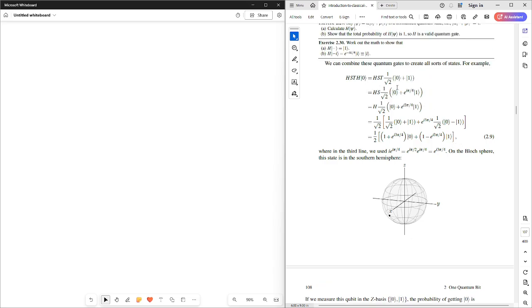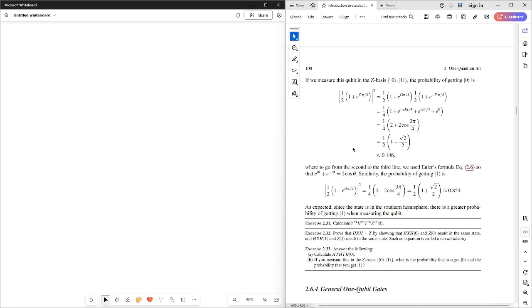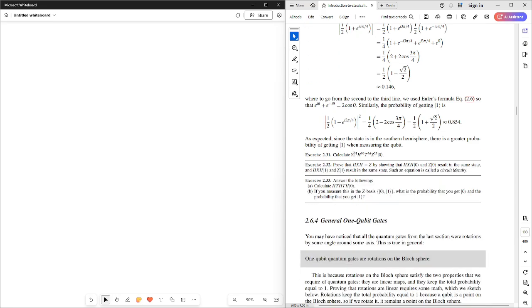And so the resulting state is, we were in state 0, and now we are in some different superposition. It's pretty straightforward.